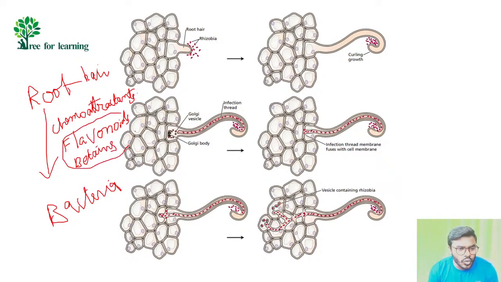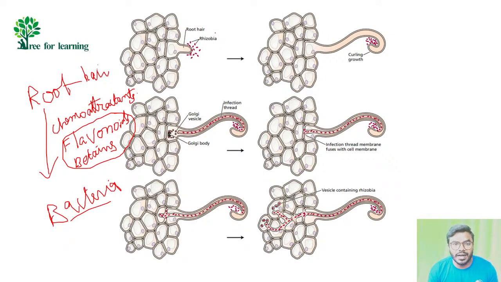These are the 2 types of chemicals, friends, which are involved in attracting the bacteria. All the students follow my words correctly. Understand the concept. These chemicals will go and activate which gene of the bacteria? That is the question.